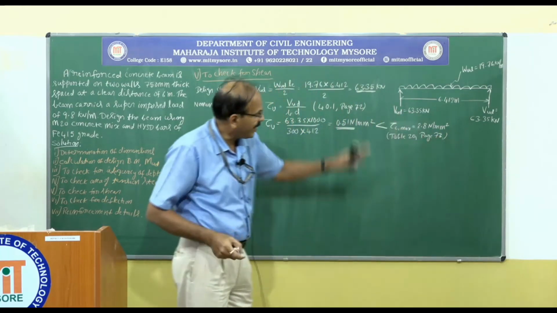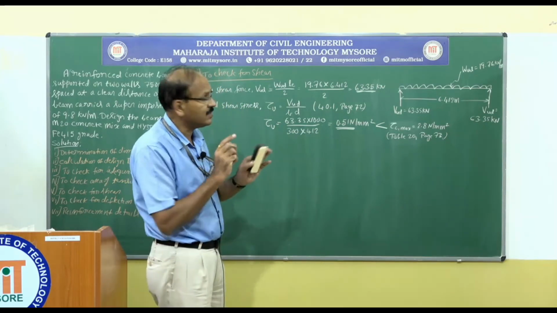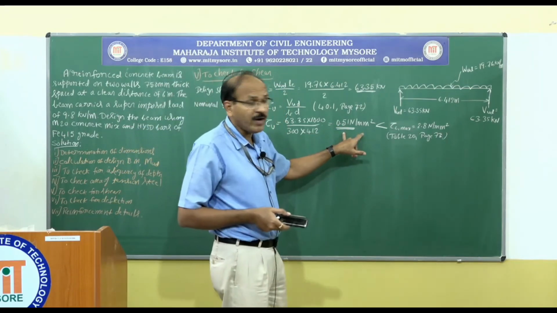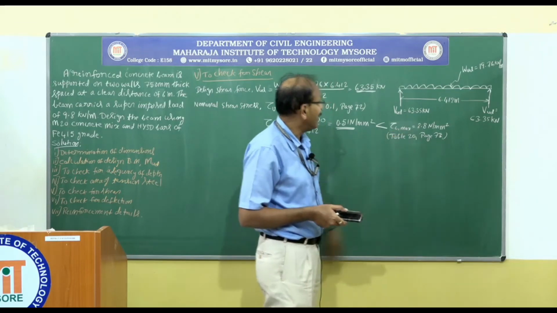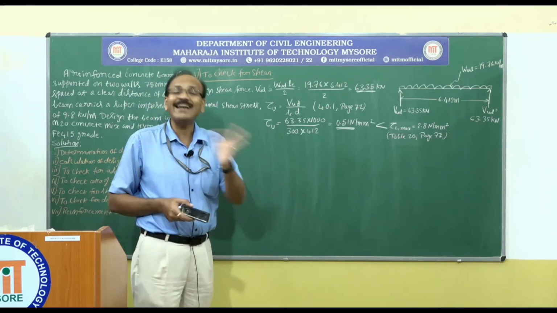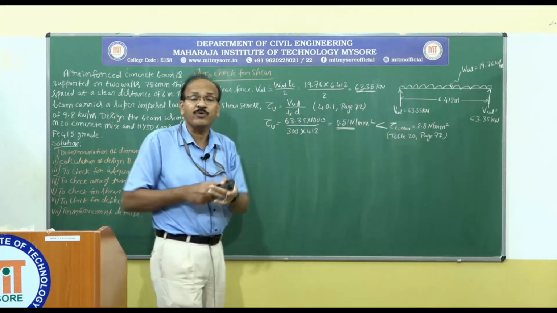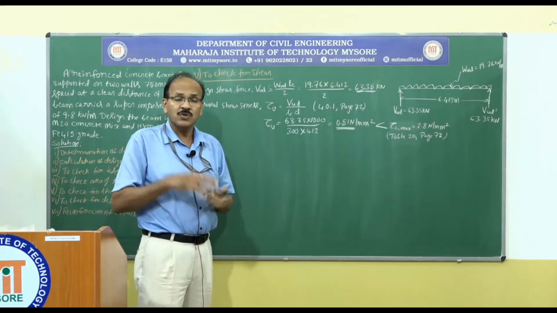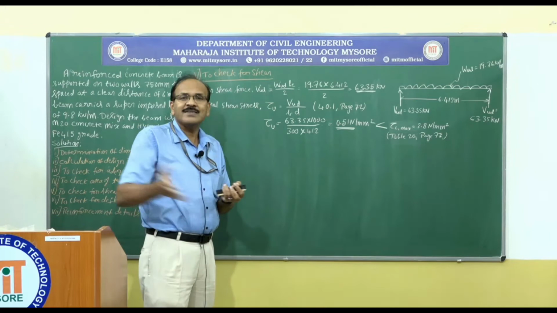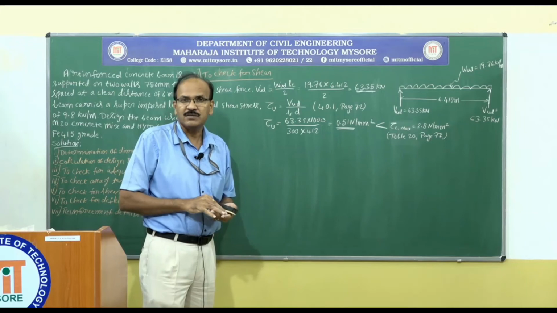Again, whatever table number I write, whatever page number I write, that is purely for your reference, and you don't have to write these things in the examination. Okay. So because this value 0.51 Newton per millimeter square is less than tau c max, we don't have to go for a redesign of this section. In case this value exceeds 2.8, then the section we have provided is not adequate. So you go back and increase the sectional dimensions and redesign the entire section starting from the bending, shear, etc.